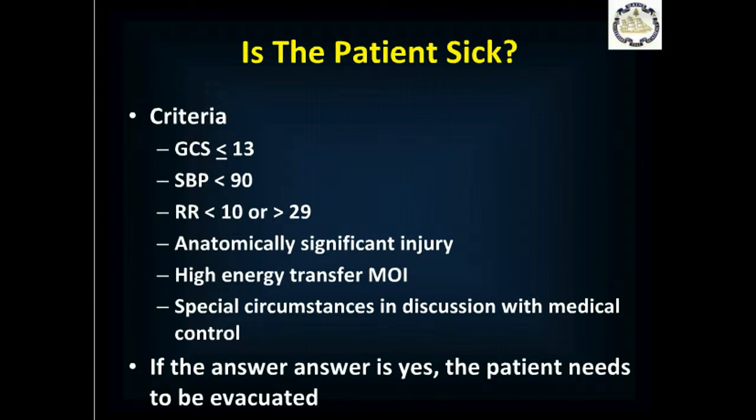So if their Glasgow coma score is less than 13, their systolic blood pressure is less than 90, their respiratory rate is less than 10 or greater than 29, they've got an anatomically significant injury of the type we've discussed, there was a high energy transfer mechanism of injury, where even if you're not seeing an injury, you know that the potential is very high, or there's some special circumstances and you discuss it with medical control and agree together that the combination of the mechanism of injury and those special circumstances make the patient at risk for being very ill, then you need to evacuate the patient.